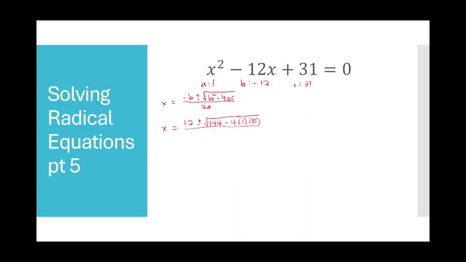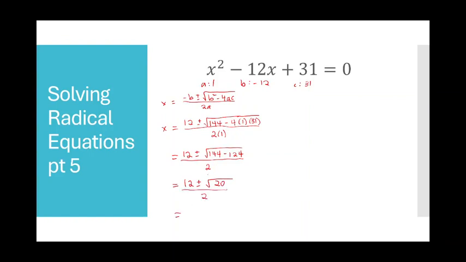Whole thing's over 2a, so 2 times 1. We've got 12 plus or minus the square root of 144 minus 124 over 2. So that radical in there is 20 over 2.